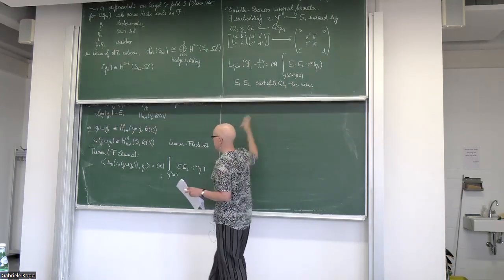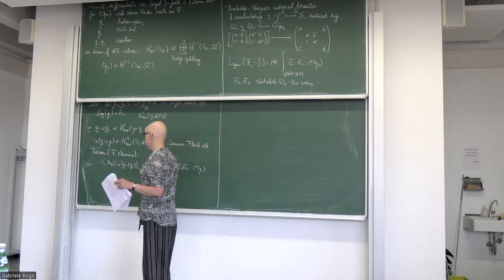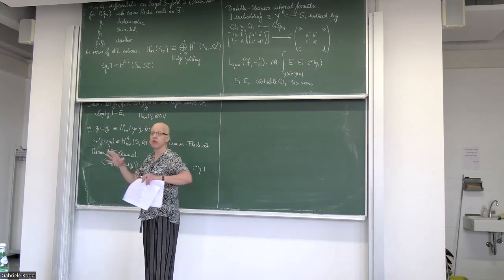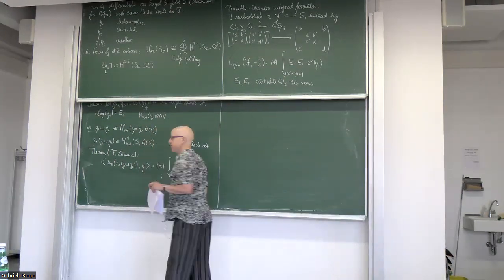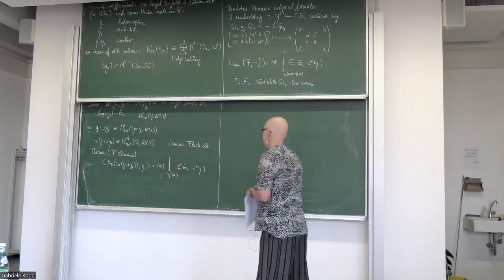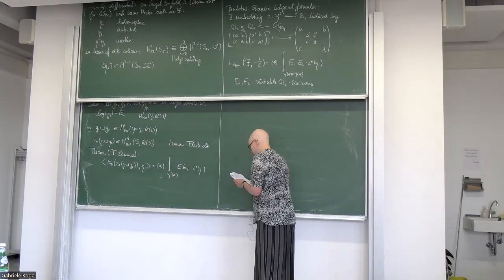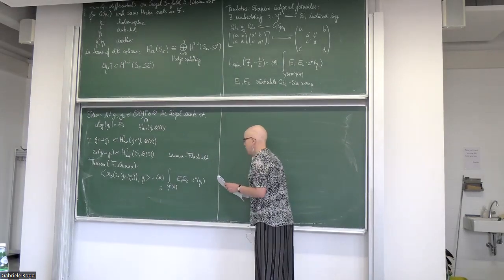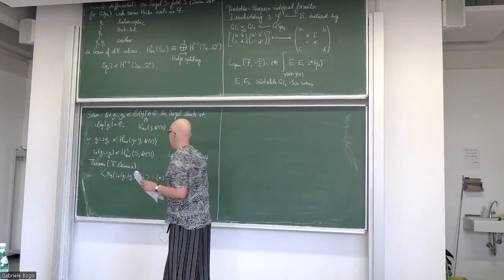Let me maybe just say about the theorem: this is actually a rather delicate computation because the boundary of a Siegel threefold is really complicated. So it is not as simple as in the Rankin-Selberg case. Okay, so we have the theorem.